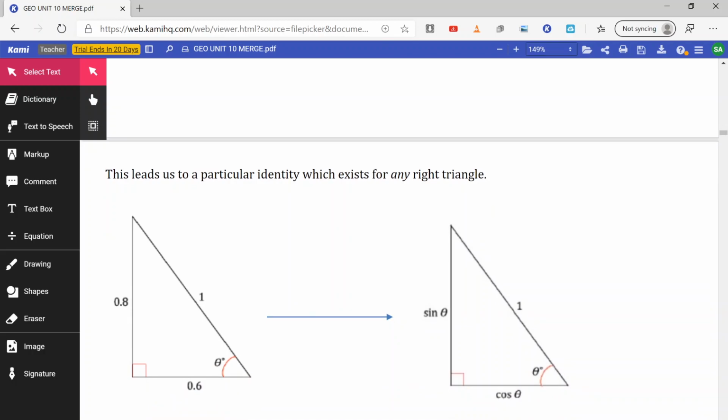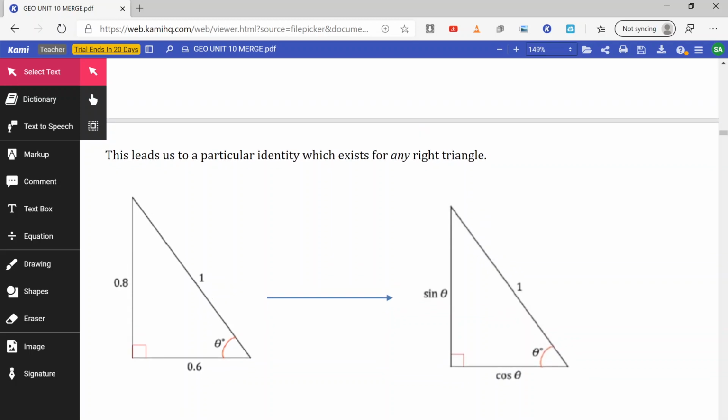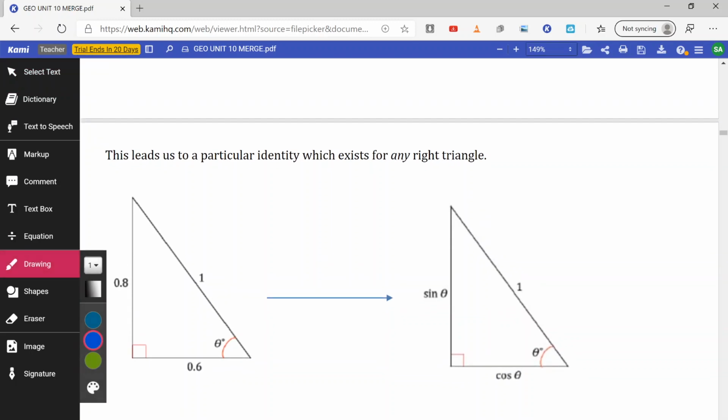So let's talk about this identity. Now, an identity is something that always happens to work given a valid proof. So we figured out in the previous problem the measures of this triangle. We were given 0.8, hypotenuse of 1, and we figured out that our short side was 0.6. So how do we figure out where the sine and the cosine come into play?